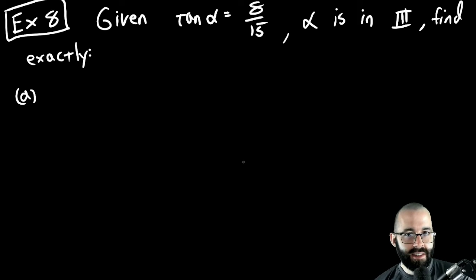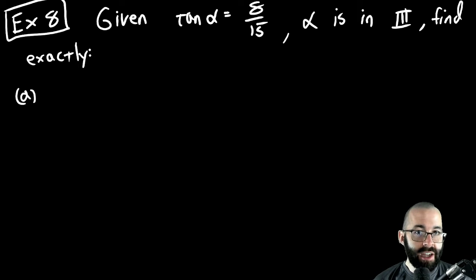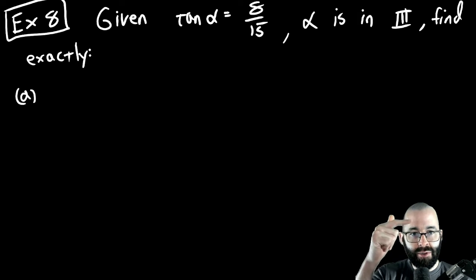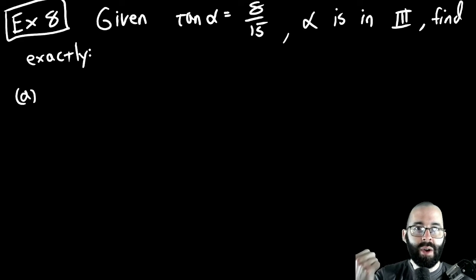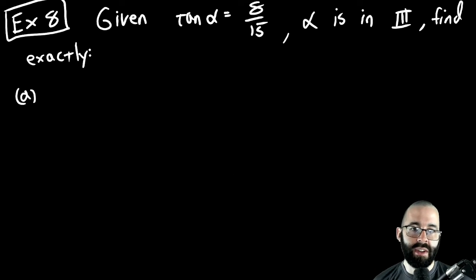Inverse tangent would give us some information about what alpha is, and then we have to use that information to find what alpha actually is, because remember, inverse tangent is going to give us something in the first or the fourth quadrant, but we know alpha is in the third quadrant, so we'd have to move it around a little bit. But again, that's going to be an approximated answer.